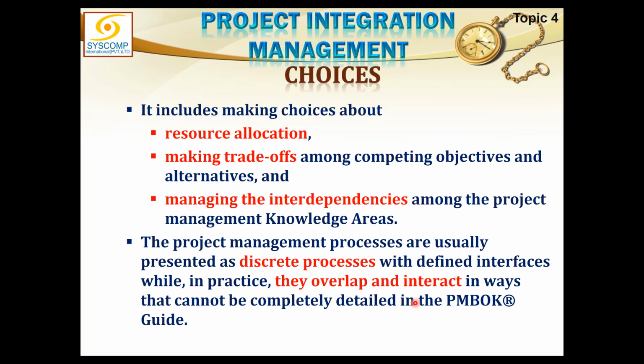Each of these processes might be interacting with other processes while it is happening, and there is a lot of overlap and interaction going on all the time, and only then is it made possible that we ultimately can achieve our results.